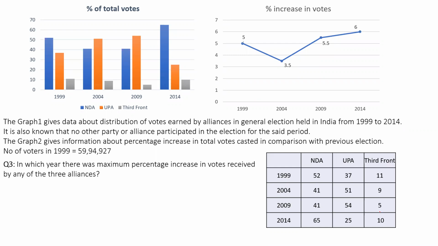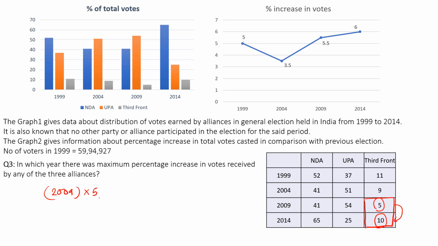Looking at this particular table, if you notice, in the case of Third Front, in the year 2009, its vote share was 5%, while in 2014, it became 10%.